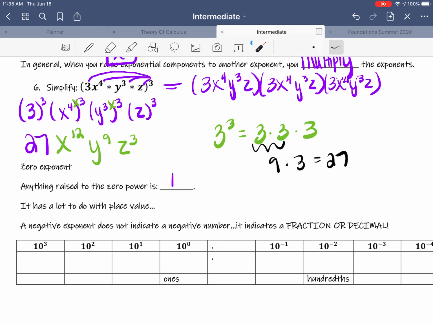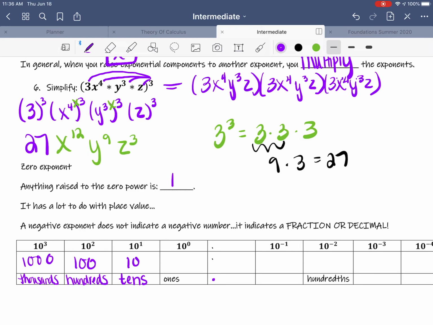So you might think a negative exponent means that it's a negative number, but it's actually just a place value. So if we explore 10, 10's an easy number, to different powers. 10 to the 0 we know is 1. 10 to the first is 10. 10 to the second is 100. 10 to the third is 1,000.